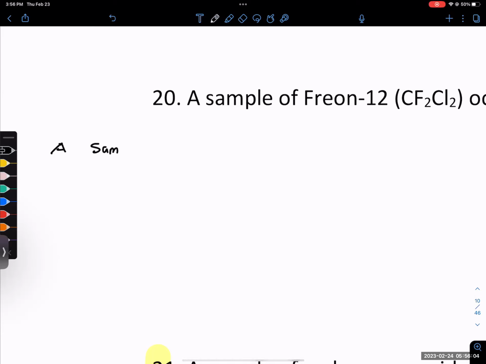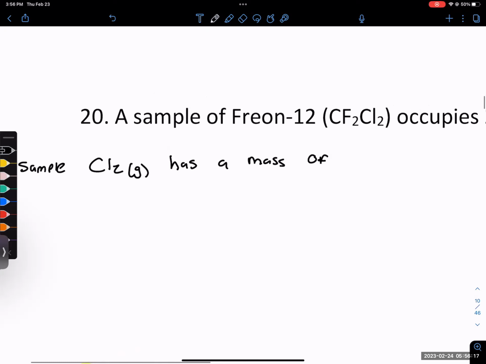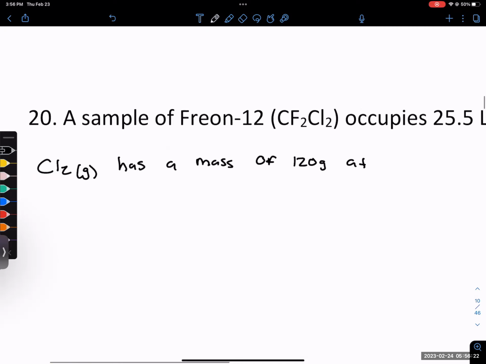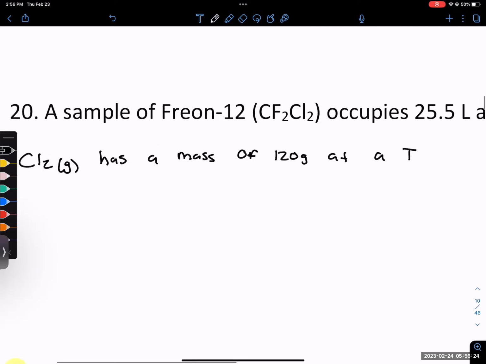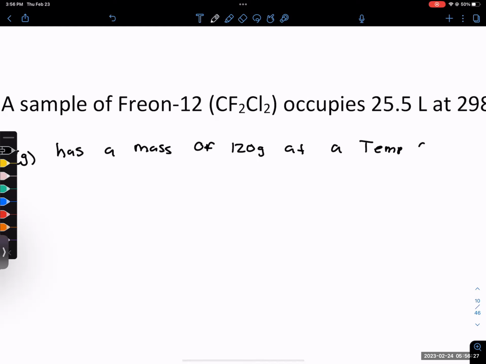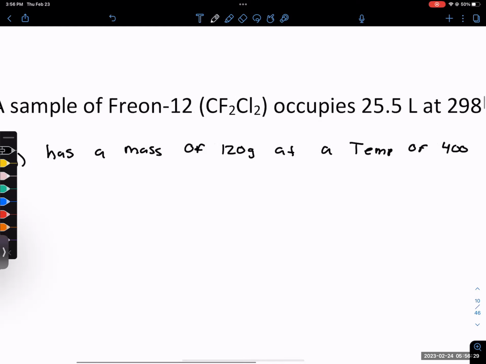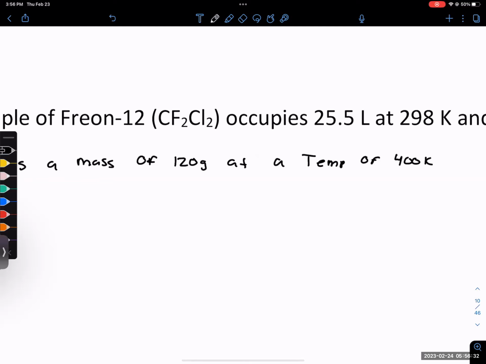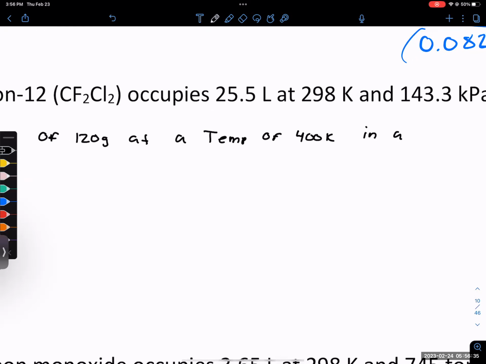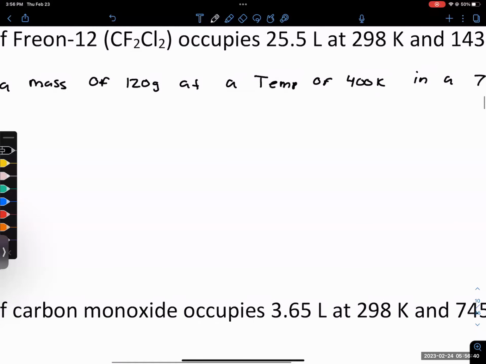So a sample of Cl2 gas has a mass of, let's say, 120 grams at a temperature of 400 Kelvin in a 7-liter container.